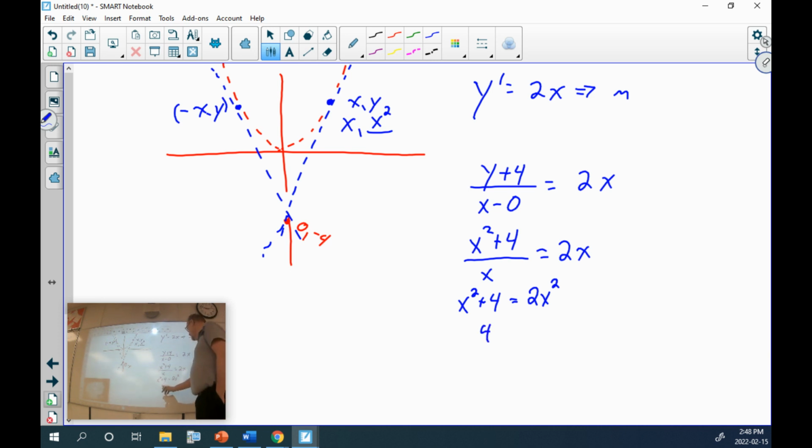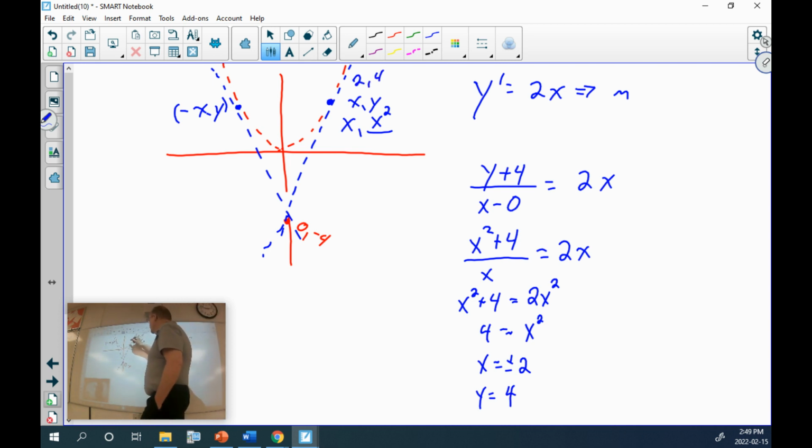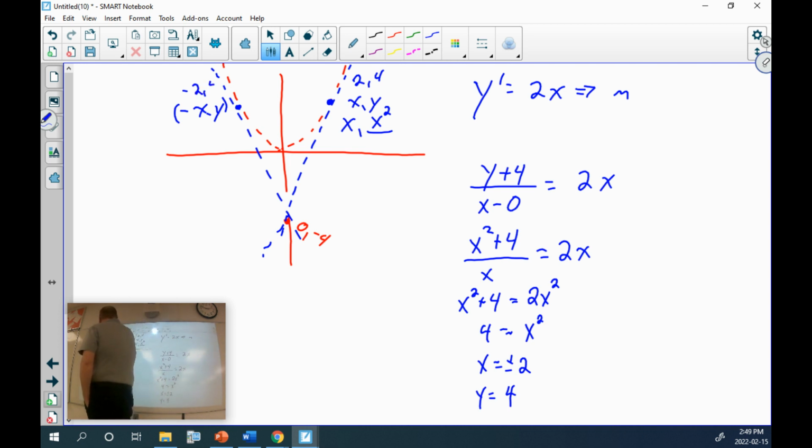There I have 4 is equal to x squared, by subtracting my x squareds on both sides. X is equal to plus or minus 2. Y is equal to 4. So these points are actually 2, 4 and -2, 4. Don't lose signs like I just did.